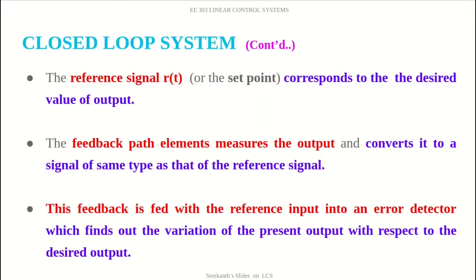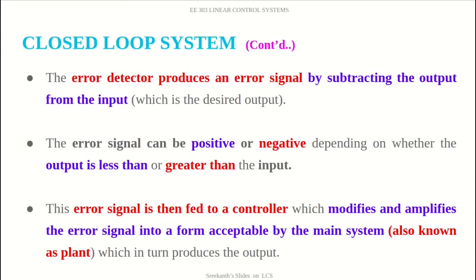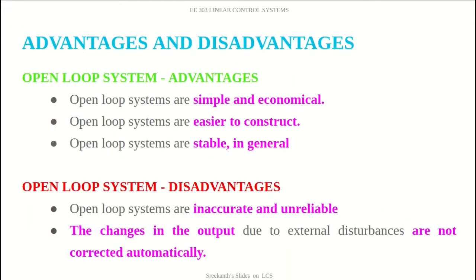That is, one is to sense the output and second is to convert that output into a form which is similar to that of the reference signal or the desired value. I've explained this already.